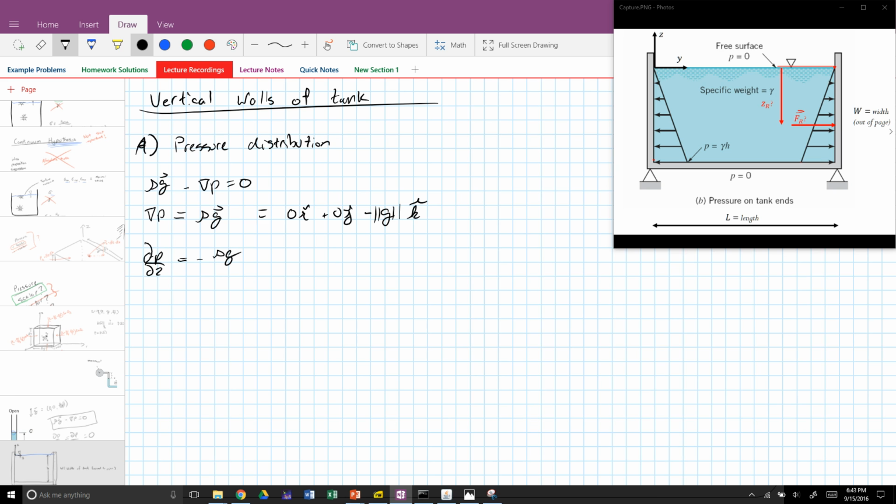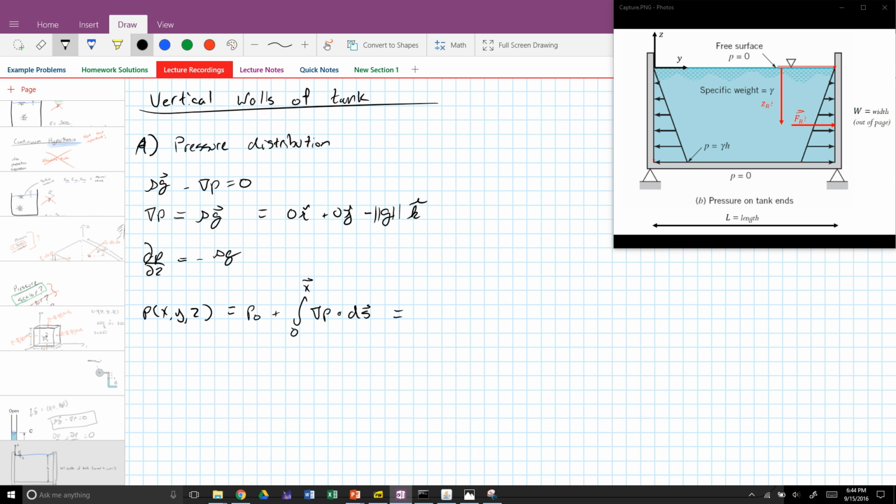Thus, because the pressure at any point along the wall can be represented by integrating from the free surface to that point, p at some x, y, z is equal to our starting pressure p naught plus a path integral from 0 to x of grad p dot ds, that is the distance along this path, and we'll get into this more later.